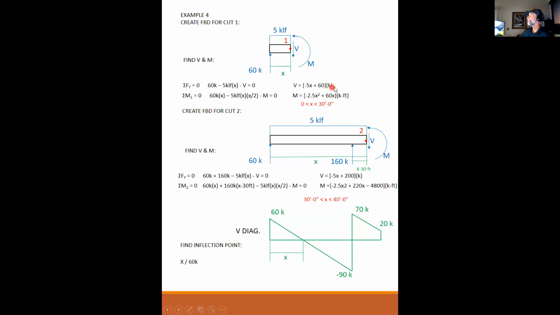Or recognize that x over 60 is equal to the whole 30 feet from here to here over 60 plus 90. And that gives you x is equal to 12 feet. That's where the shear equals exactly 0, at 12 feet.